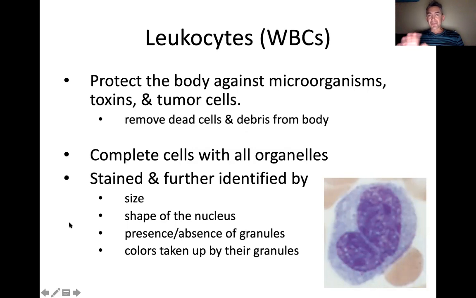The way that they're going to be analyzed and identified, if we were in lab, we would do some of these techniques. I'm going to have to find a way how to blend in the concepts and the theory into the practicality. So I'll figure something out. But again, we would stain and we would further identify the cells based on their size, based on the shape of their nuclei, whether or not they have granules, what color the granules stain, that kind of stuff.